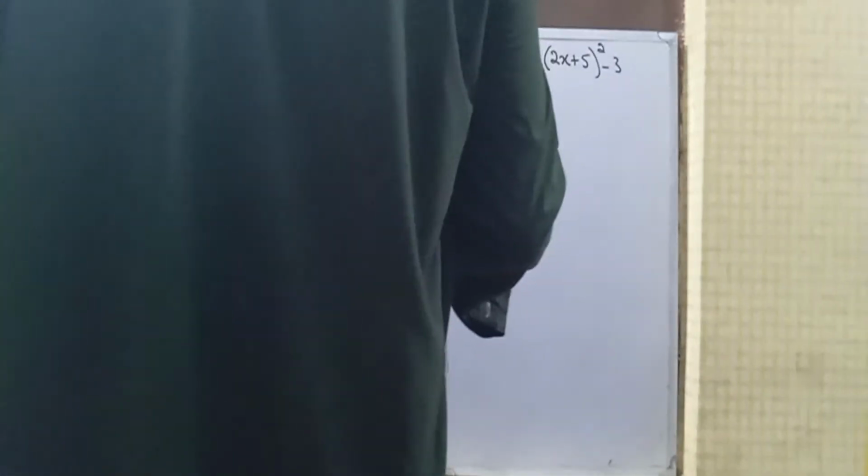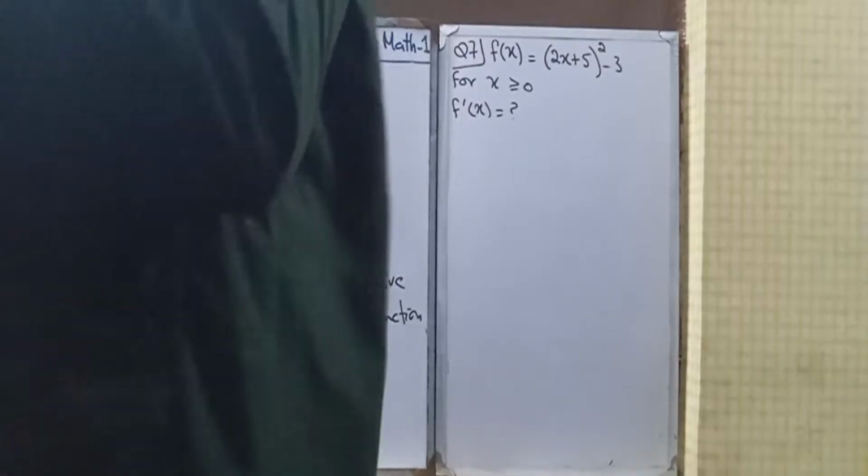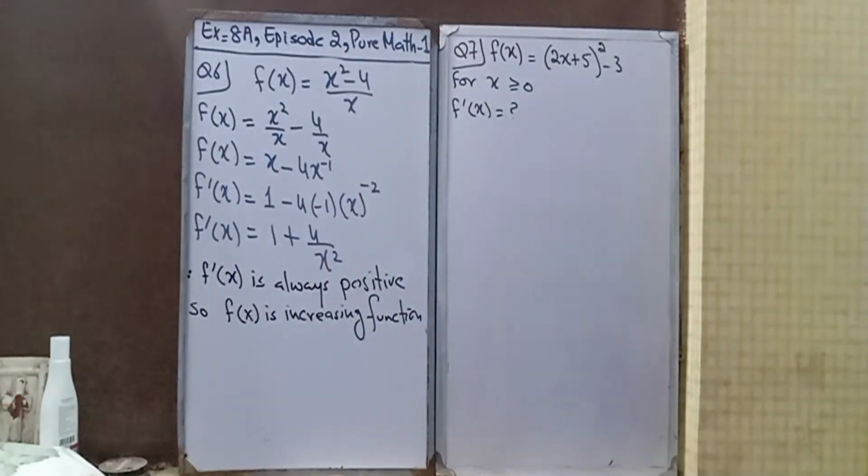Find an expression for f dash of x, its derivative, and explain why f is an increasing function. Now let me read it again. Because of the very hot weather and humid and sweating, sometimes we make mistakes in writing the question on the board. So it is very important that we read the question again.